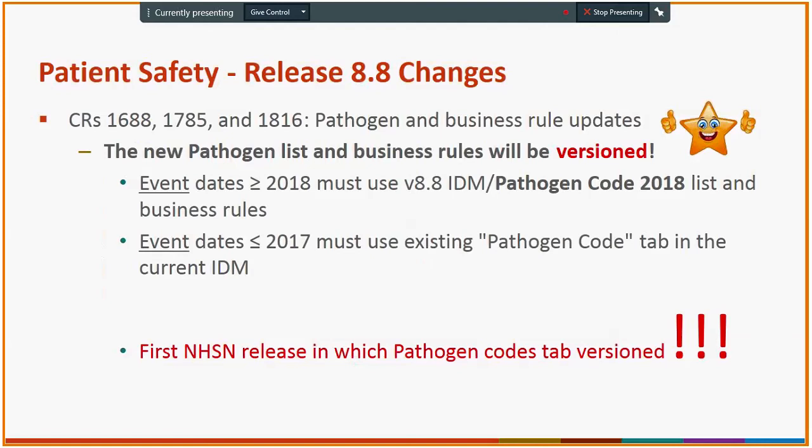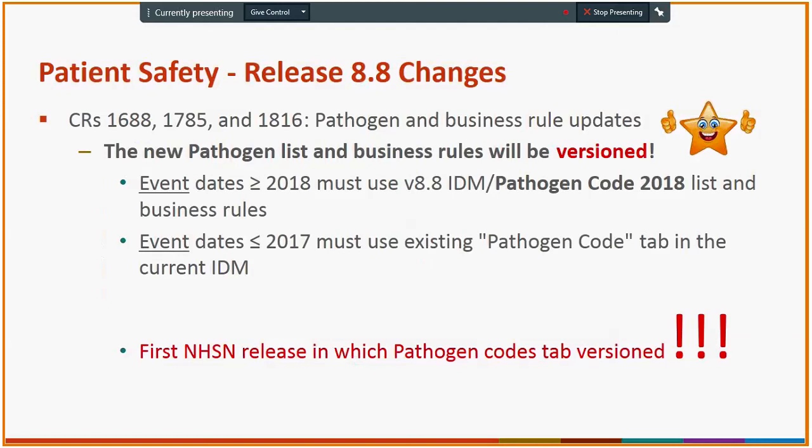The next 3 CRs, 1688, 1785, and 1816, we'll talk about as a whole, and then we'll talk about each of them separately. The new pathogen list will be versioned. This is the first time the pathogen list will be versioned, and NHSN plans to continue versioning the pathogens each year.